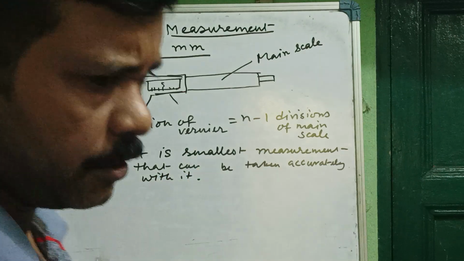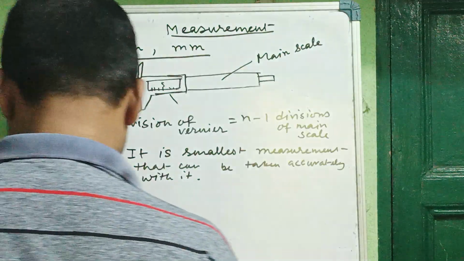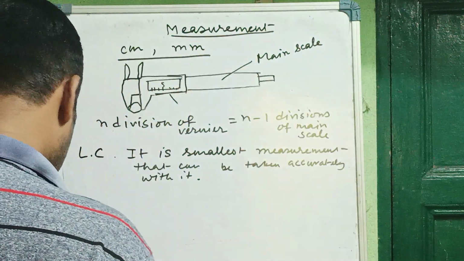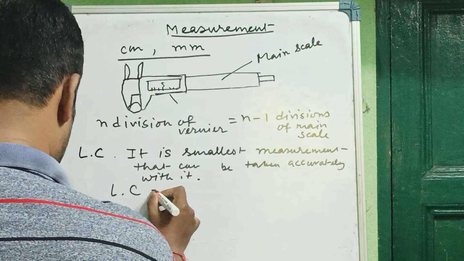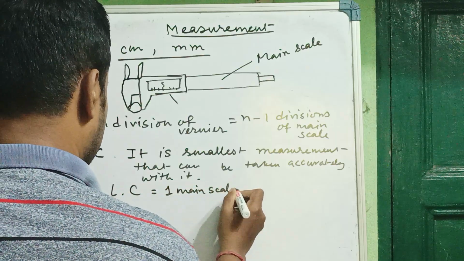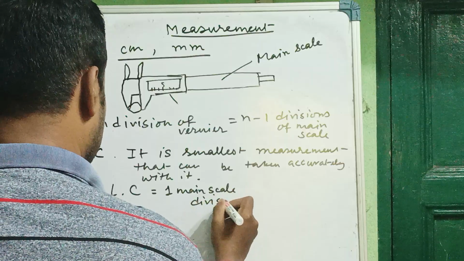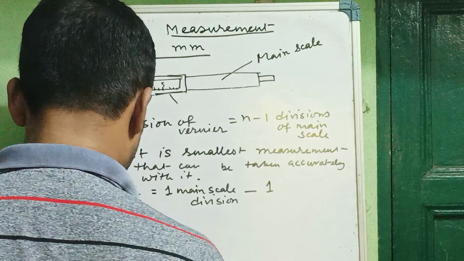The smallest measurement is the least count. So the least count by calculation is one main scale division minus one division on the Vernier scale.